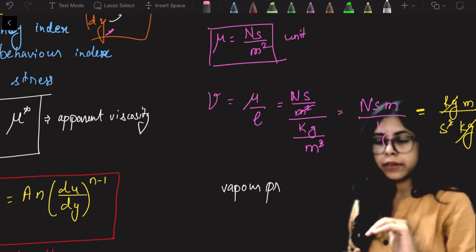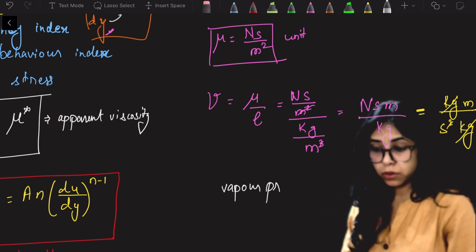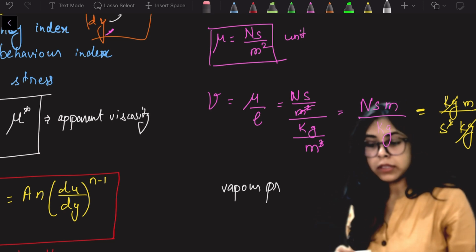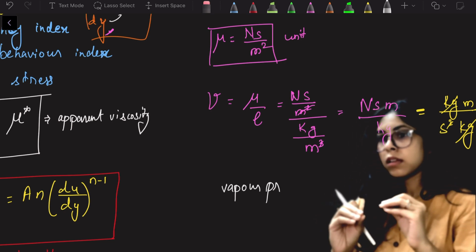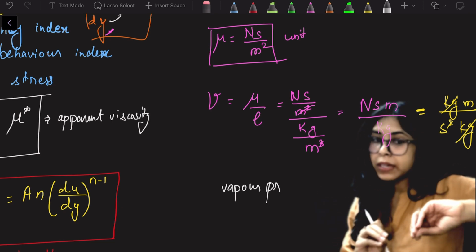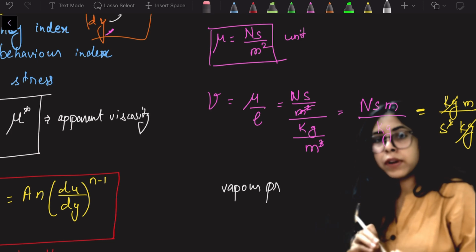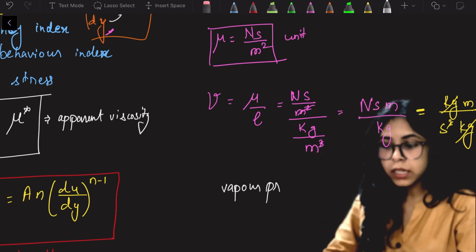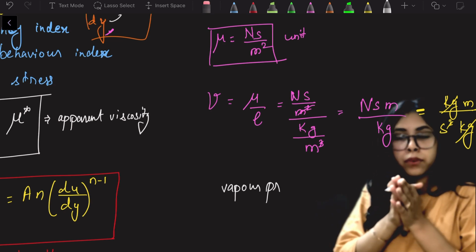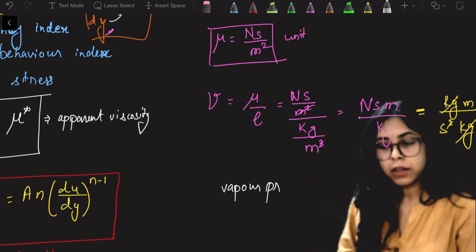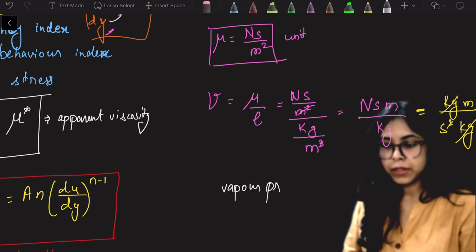So this is the pressure at which fluid vaporizes. If the pressure is less than vapor pressure for any liquid, the fluid will definitely vaporize. If the pressure is more than this vapor pressure, fluid will be in the state of liquid. Otherwise it will become vapor.